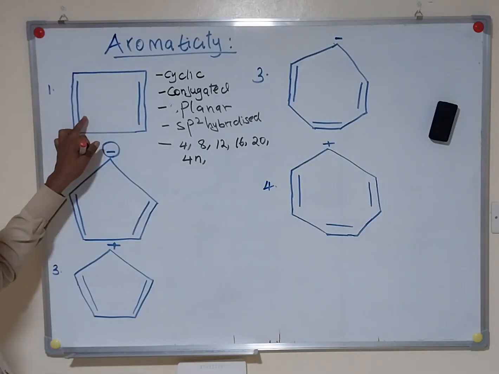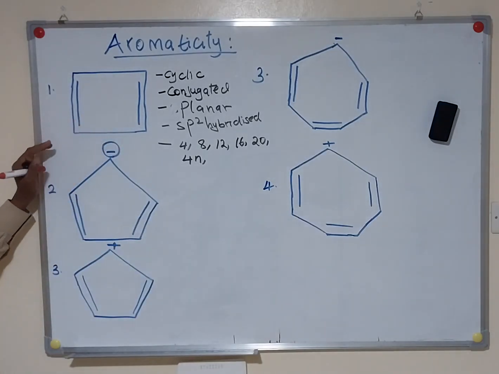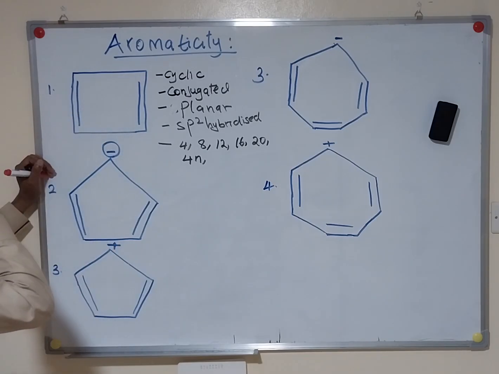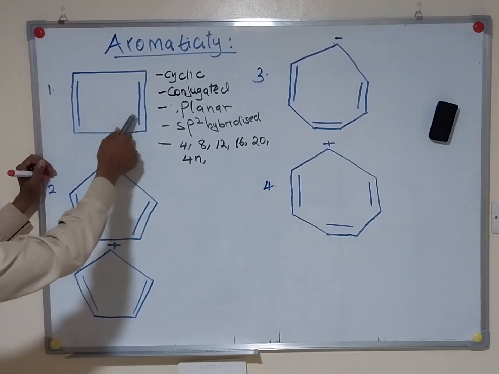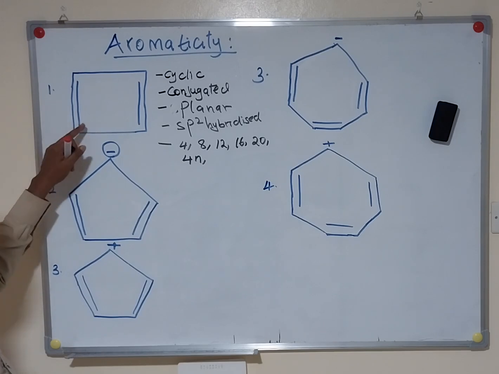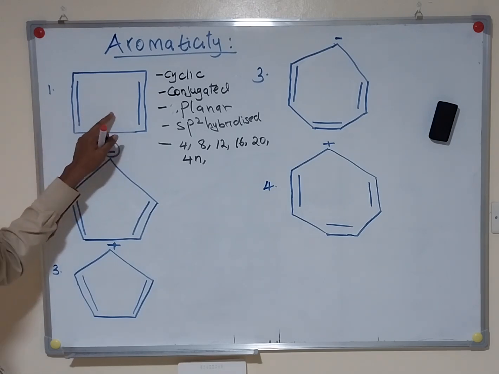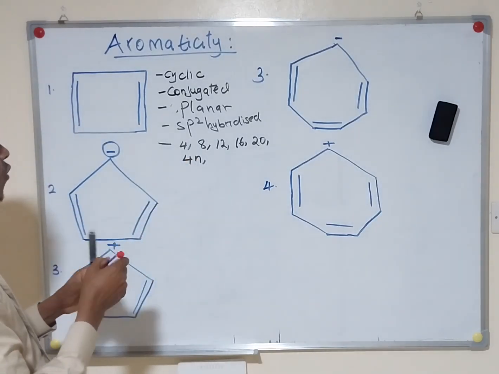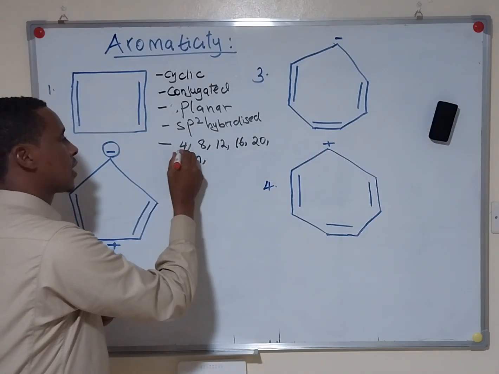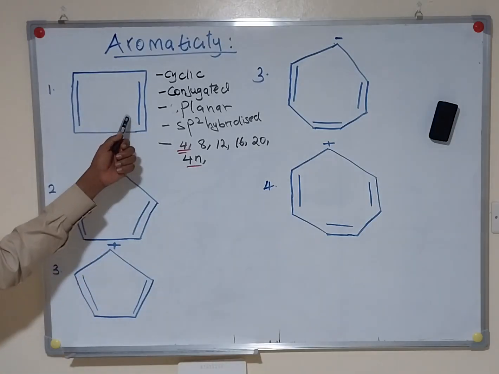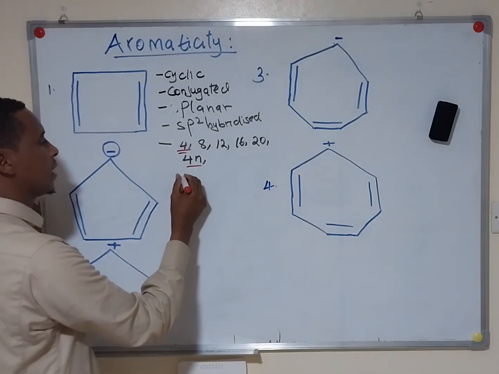Now let us see our compound here. We have got 2 pi bonds, 2 pi bonds times 2 is 4 pi electrons. So the 4 pi electrons fall under the 4n rule, which means this compound is anti-aromatic.